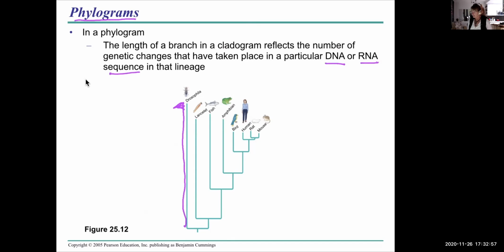So the Drosophila is quite far removed, say, from the mouse, but a little bit closer to the lancelet. So these are the number of changes that have occurred, branching off. And the length gives you not a chronology in this case, but just a difference in DNA sequencing. So how different that might be.